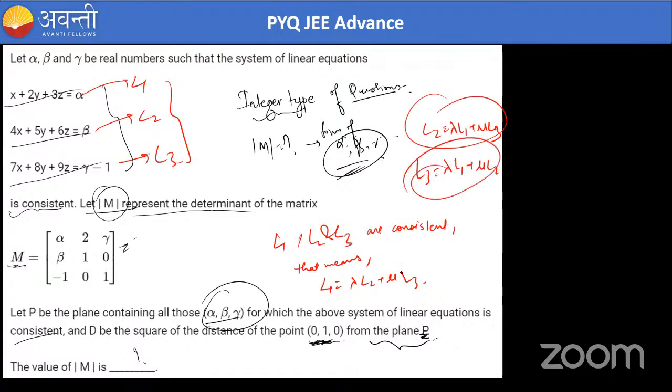So whichever, all these things are possible when the system is consistent, right? So this is the important takeaway from this question.